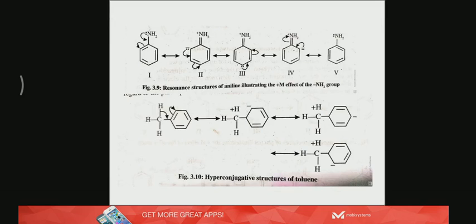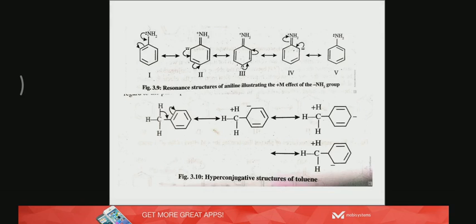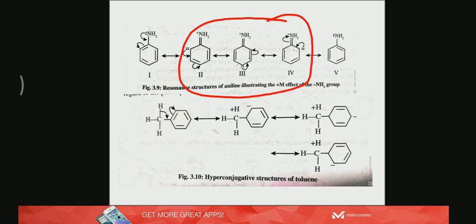You can see, for example, aniline is taken here, and look at various resonance structures. You can see the lone pair on nitrogen is delocalized into the ring, and considering various resonance structures, these three structures, if you look closely, you can see negative charge appears at the ortho and para positions.